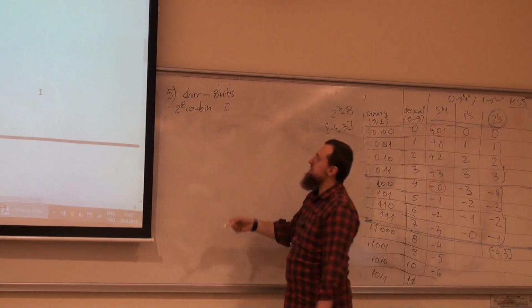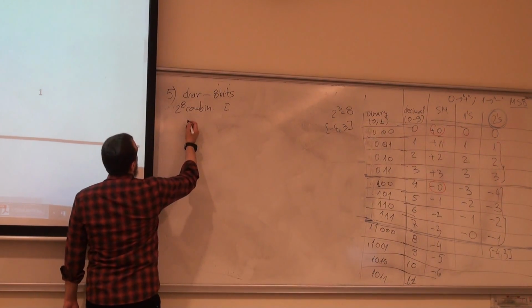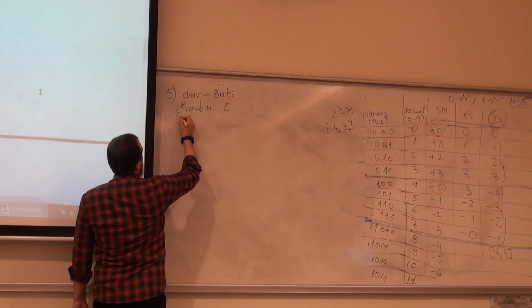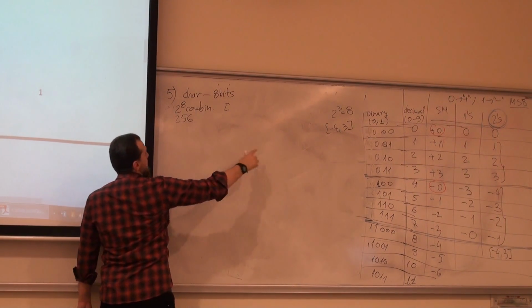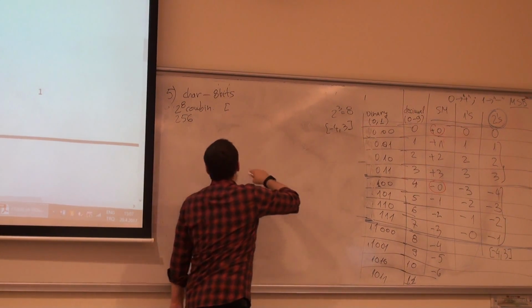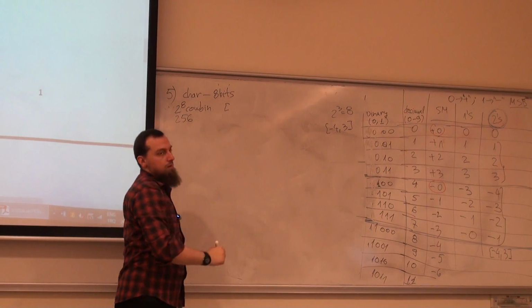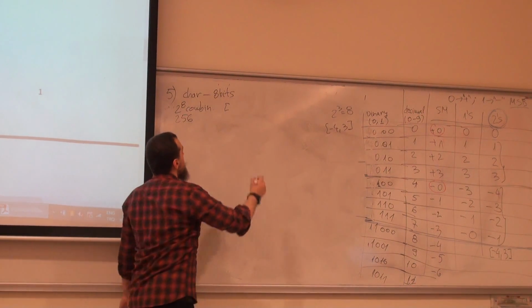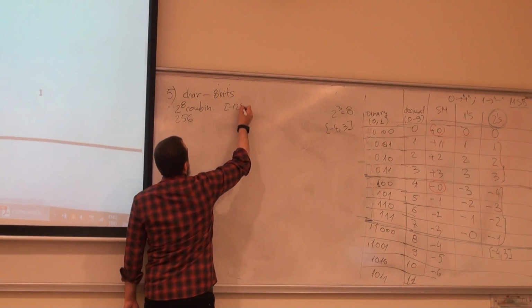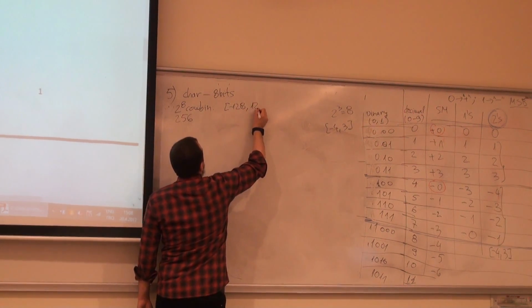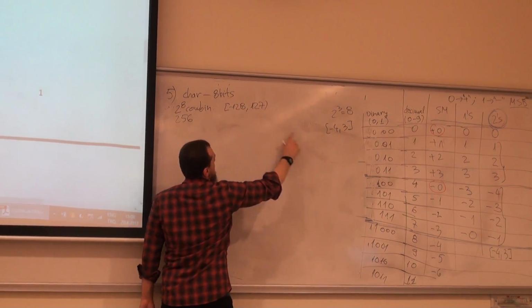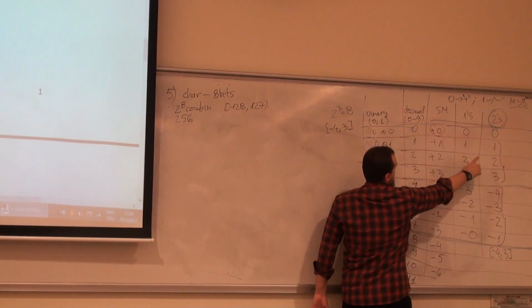So when we have 8 bits, and 2 to the power of 8 is how much? 256. What's the range we can represent here? Minus 128 till 127. Because 1 bit here, 0, is counted as positive.